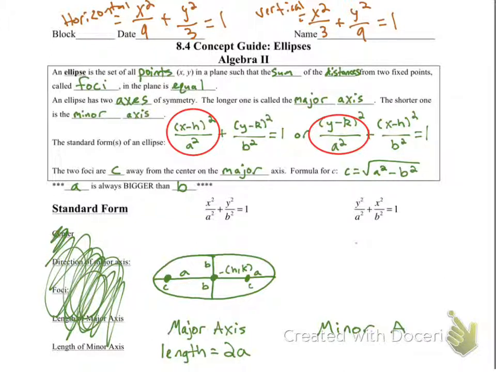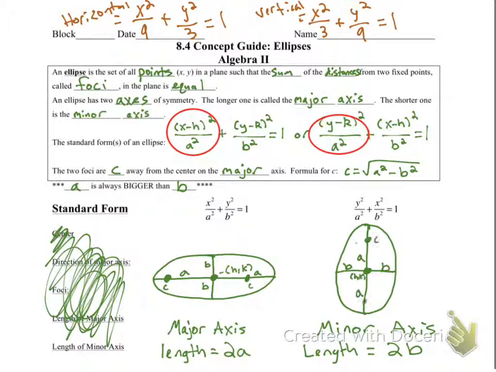We will talk about the foci. I will go over it during the problems, but it would just be extra credit on the quiz or test if you get the foci correct. Okay. Then I'll also have a drawing of what our vertical ellipse would look like.